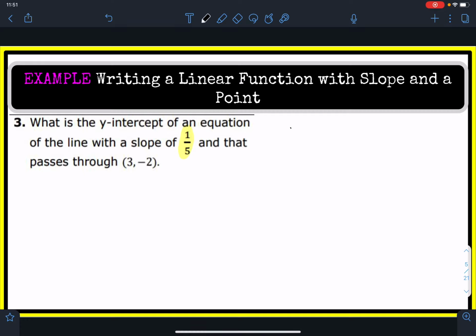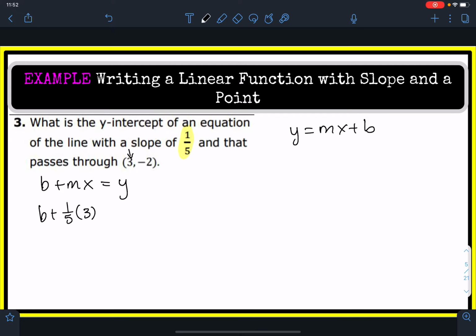Using the formula y is equal to mx plus b, I'm going to write it backwards: b plus mx is equal to y. And I'm going to plug in the numbers that I'm provided. m is the number 1/5. The x I'm going to get from the ordered pair, which is 3, and that's going to equal the y value, which is also provided from the ordered pair, which is -2.